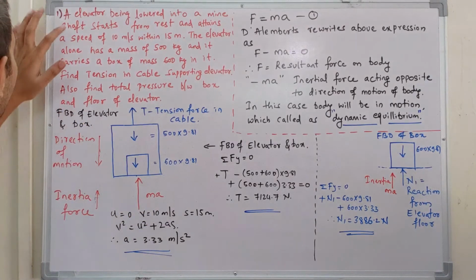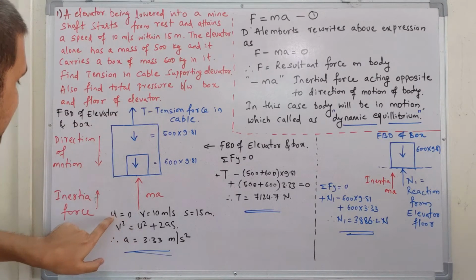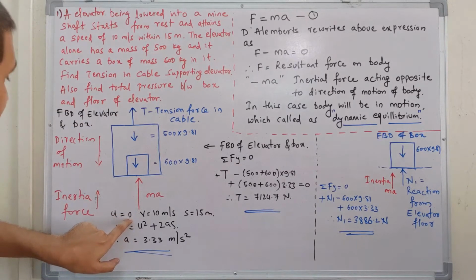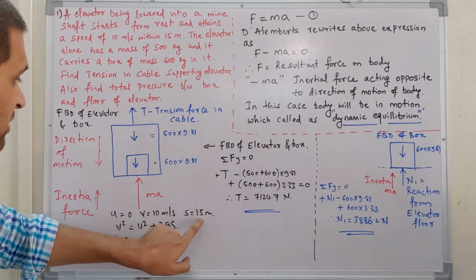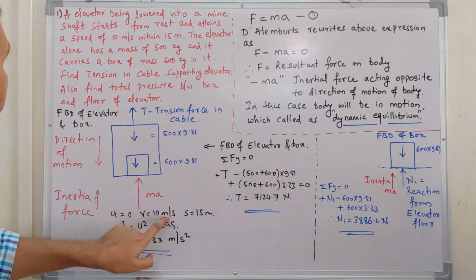Okay, I'll brief the given data again. The elevator starts from rest, which means initial velocity is 0 meter per second, and after traveling a distance of 15 meters attains a final velocity of 10 meter per second.